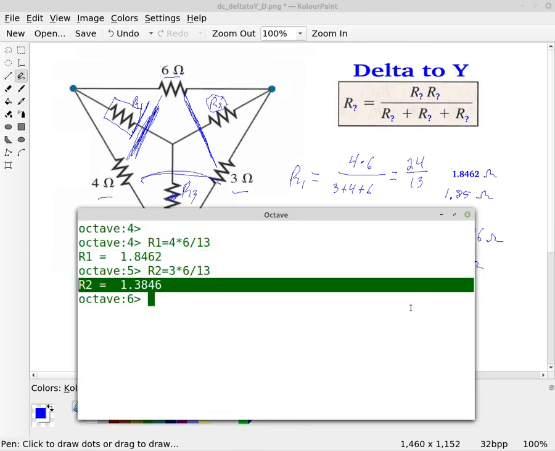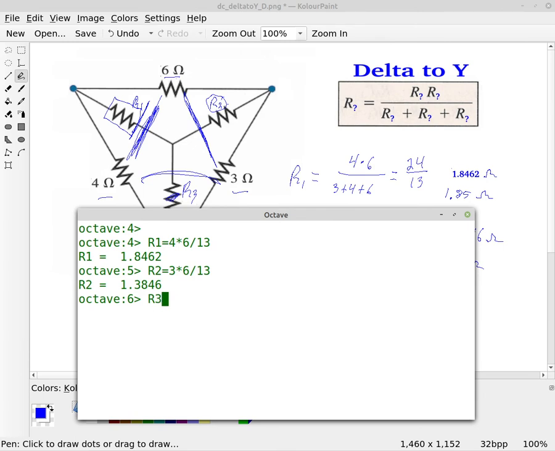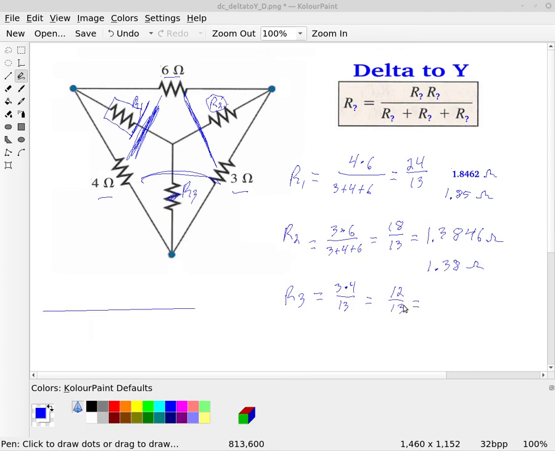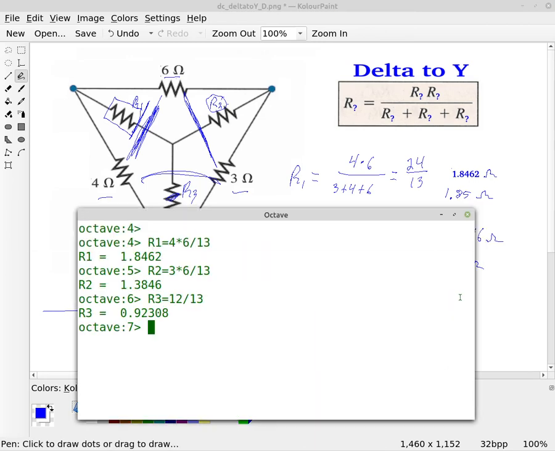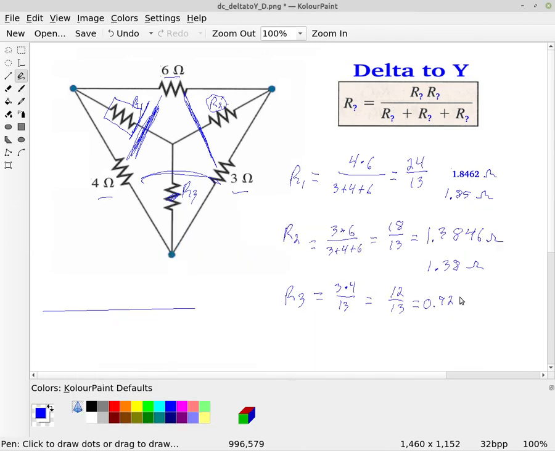I can't do that in my head, so R3 is equal to 12 divided by 13, and that gives me 0.92308 ohms.